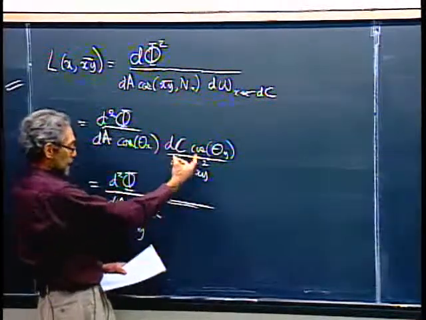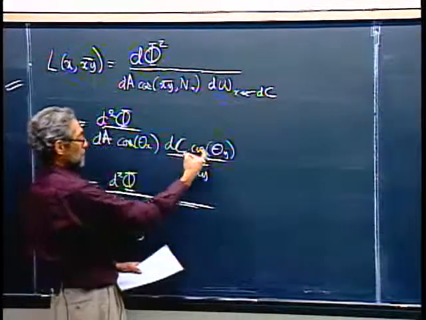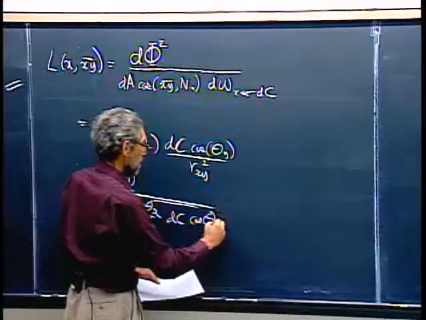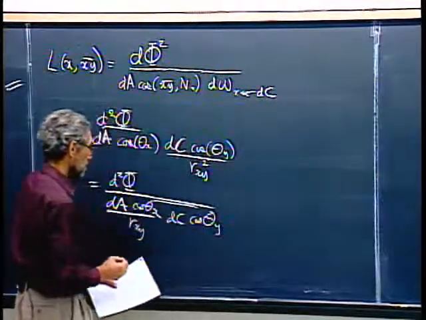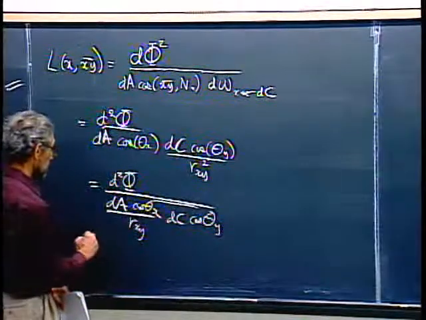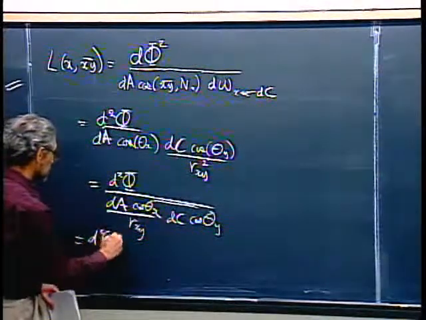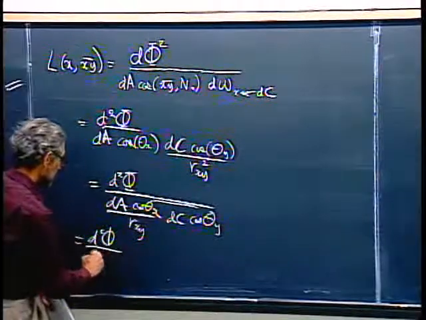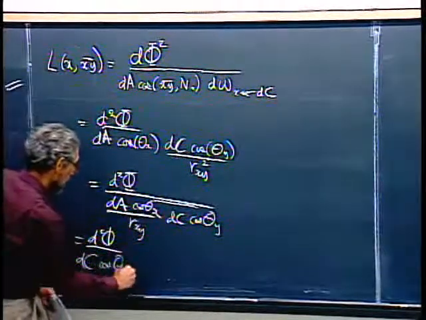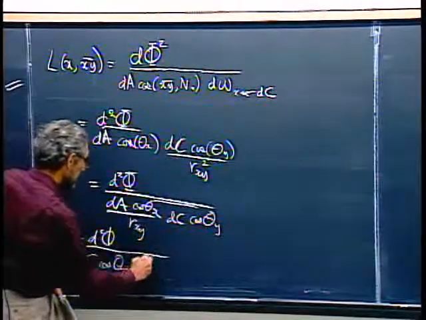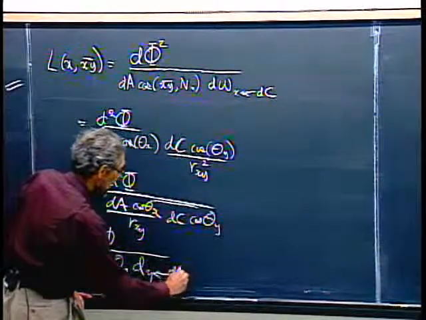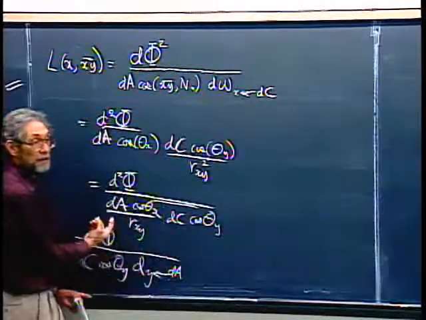If you put these over a common denominator and then take this away from the common denominator, then it looks like d squared phi times dC cosine theta y times the solid angle at y subtended by the area dA, because that's what this factor is.